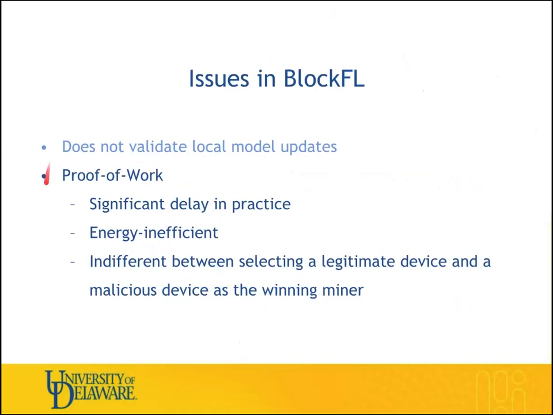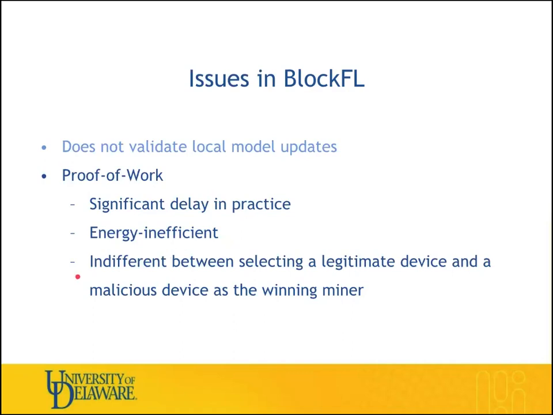In addition, although it is hard to get hacked, proof of work may incur significant latency caused by the mining operations, which is not ideal for the overall learning process, let alone it is energy inefficient.